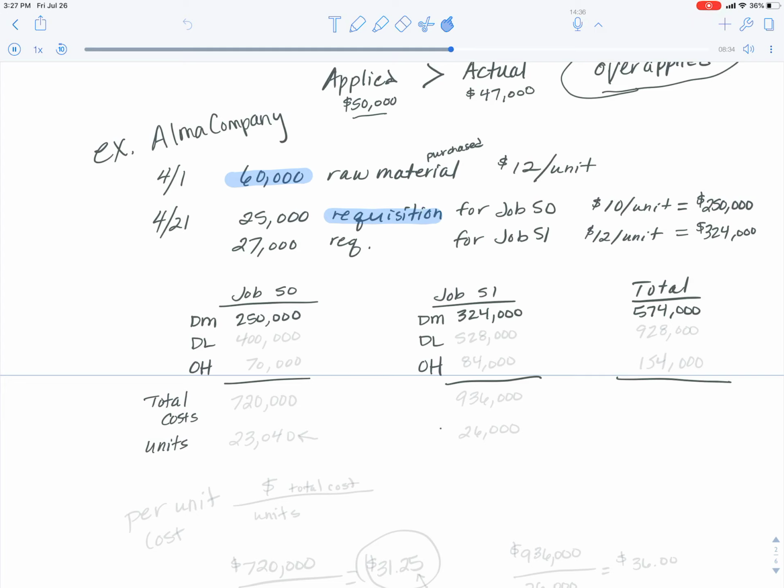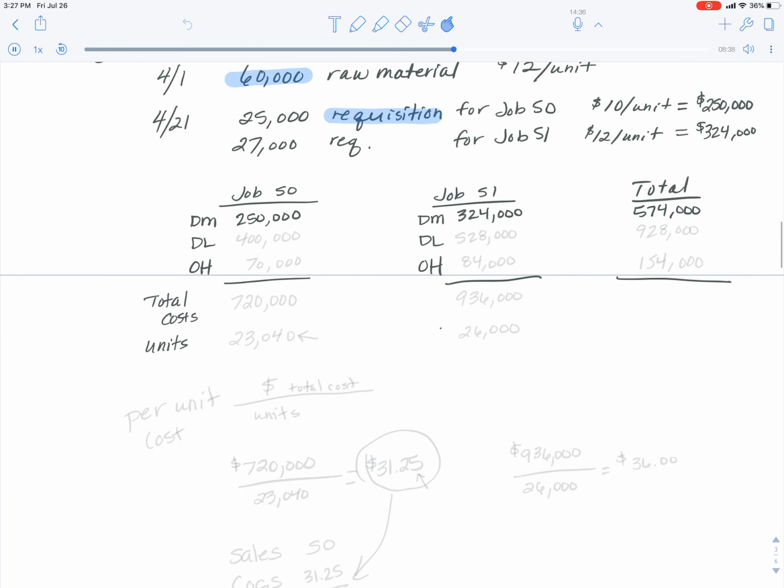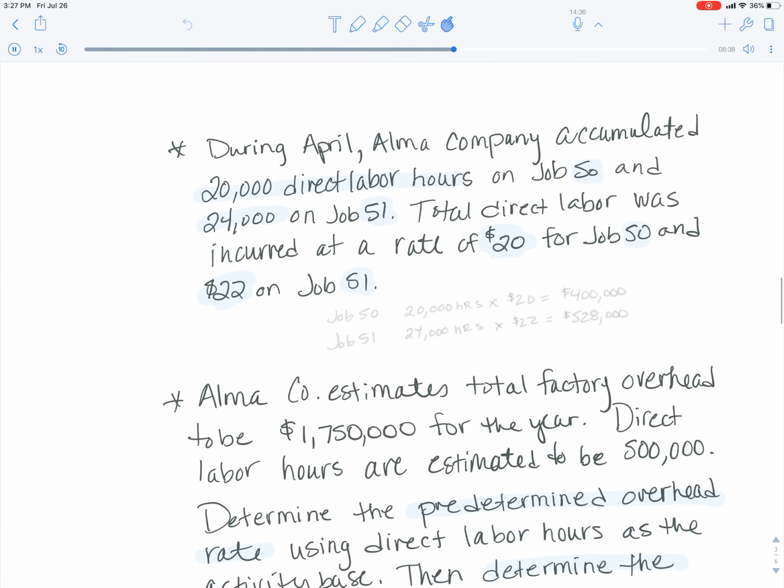So moving on to labor. So during April, we accumulated 20,000 direct labor hours for job 50 and 24,000 for job 51. And the laborers incurred a rate of $20 per hour for job 50 and $22 per hour for job 51.